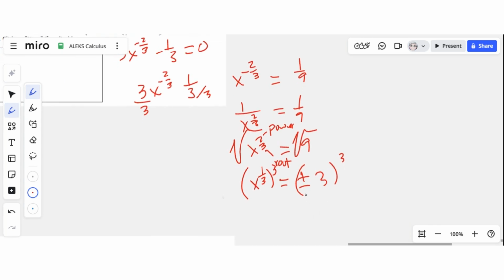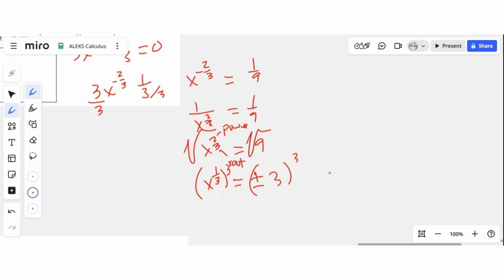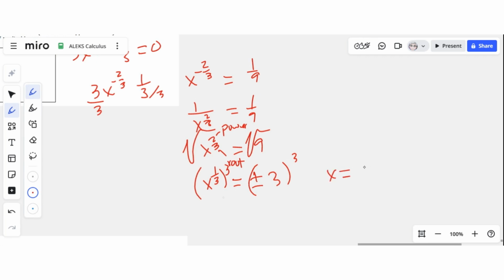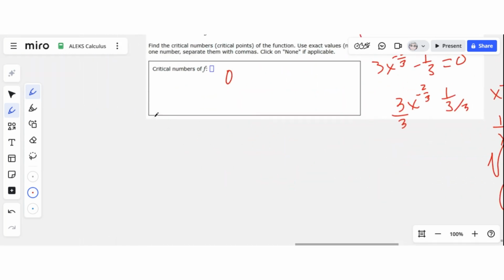Cubing preserves the sign, so we're going to get x equals either a positive 27 or a negative 27. So those are the points where the slope is 0, where the derivative equals 0. So we've got one undefined point at 0, and then 2 points where the slope is equal to 0 at 27 and -27. Okay, that's one.